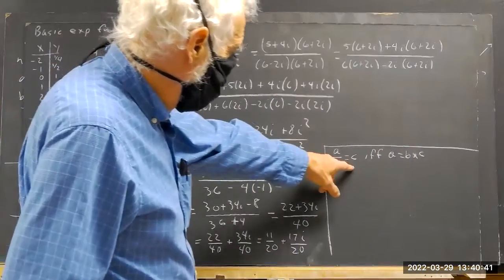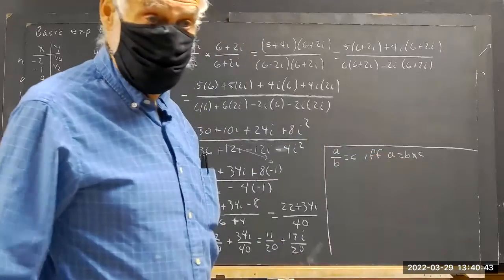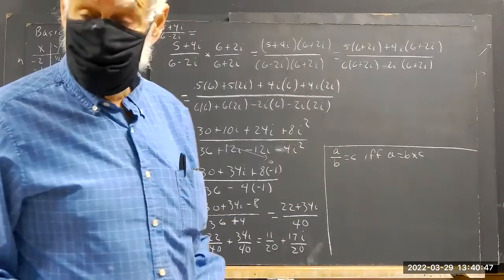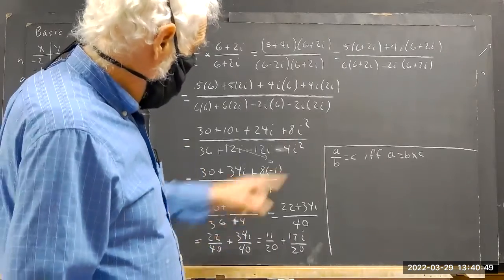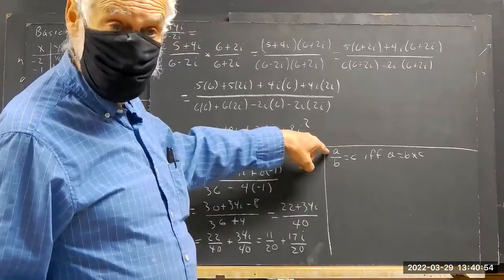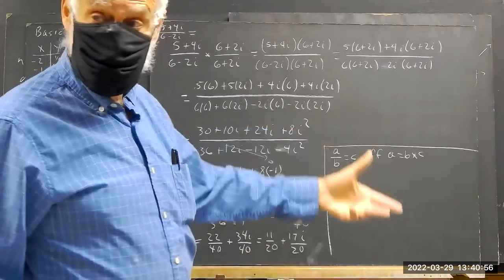A divided by B equals C if A equals B times C, right? Multiply both sides by B, it's obvious. That's what division means. When you divide this, you're trying to find the number that you multiply by this to get this. That's what division is.